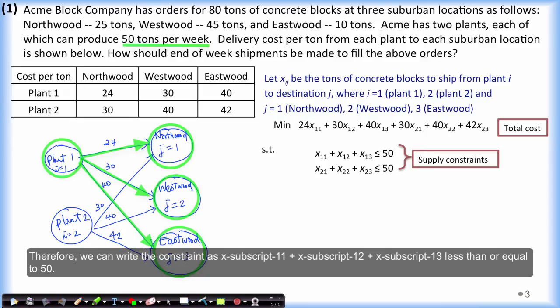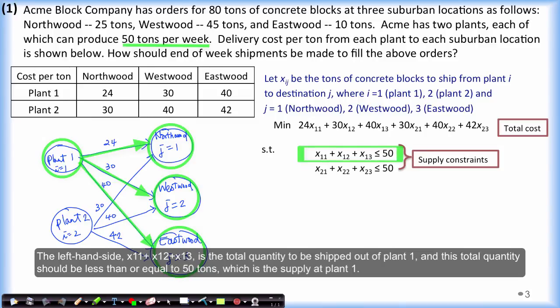Therefore, we can write the constraint as X11 plus X12 plus X13 less than or equal to 50. The left-hand side, X11 plus X12 plus X13, is the total quantity to be shipped out of plane 1, and this total quantity should be less than or equal to 50 tons, which is the supply at plane 1.